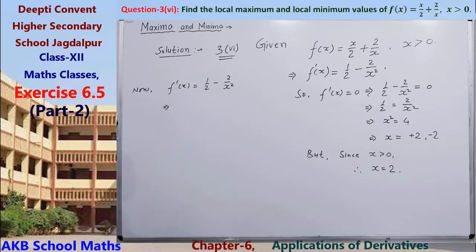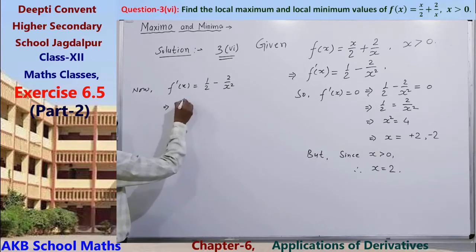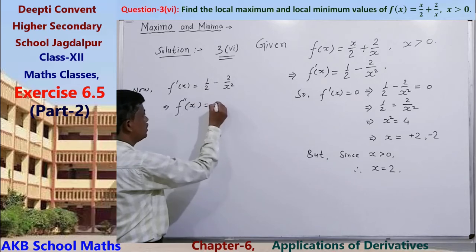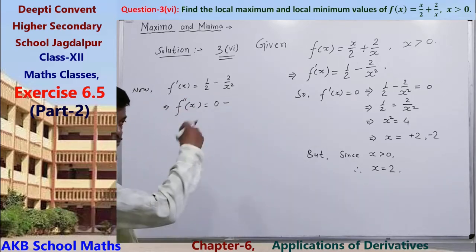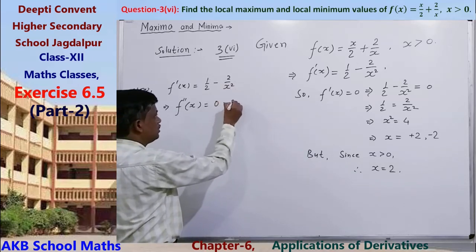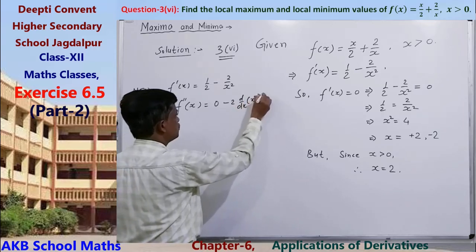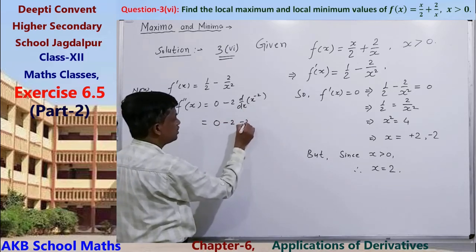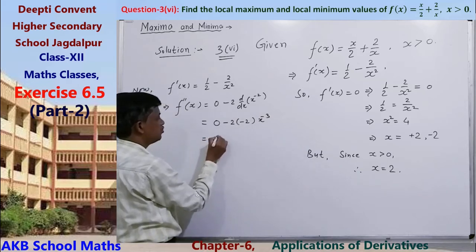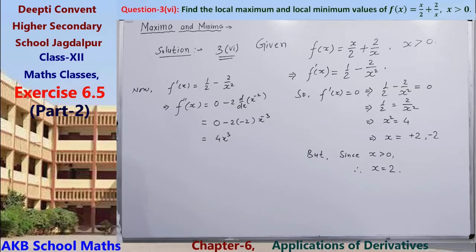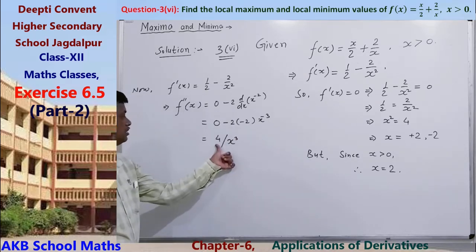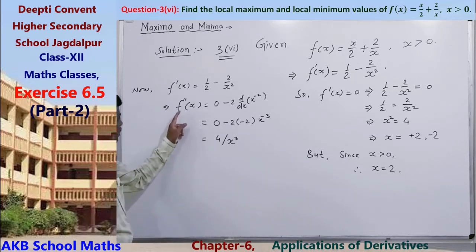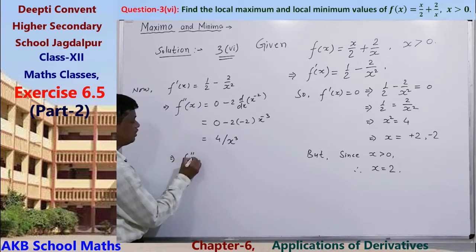Differentiating again with respect to x, we get 0 minus 2 times the derivative of x to the power minus 2, which is minus 2 x to the power minus 3, giving 4 by x cube. This is the second derivative at x.